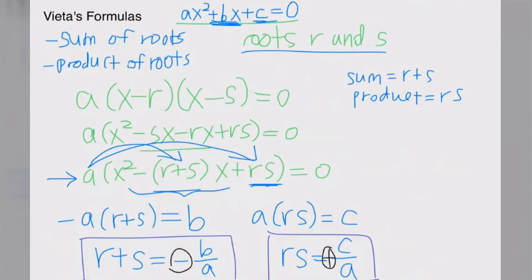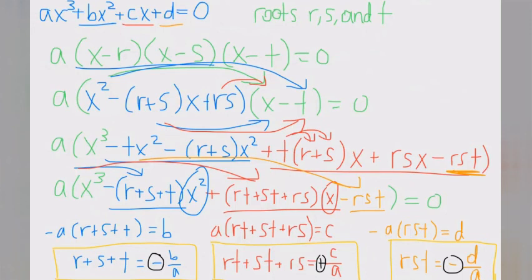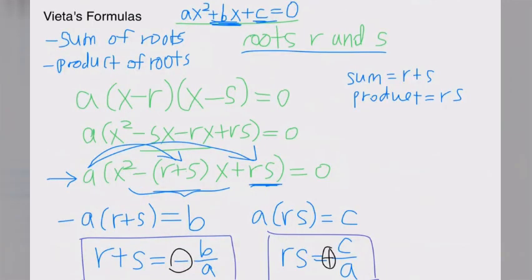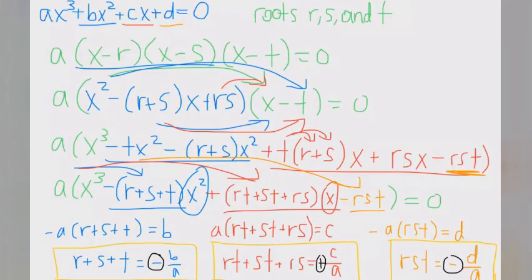And the same is going to happen if you have a fourth degree or fifth degree. The signs will alternate. So that is also interesting and something helpful to remember. And it's also very useful to remember Vieta's formulas for a quadratic equation and a cubic equation. So yeah, that's Vieta's formulas.